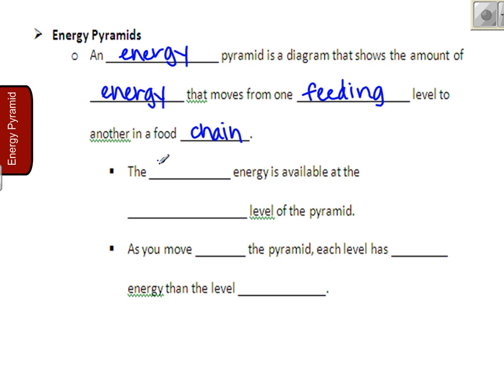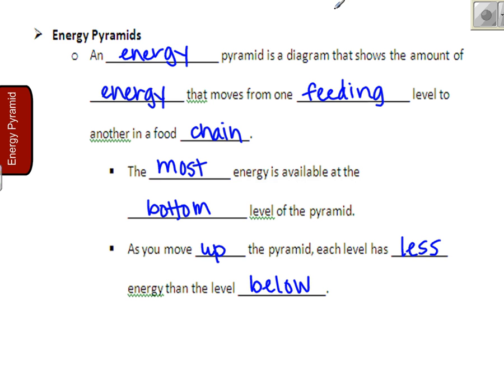Now, the most energy is going to be available at the bottom level of the pyramid. That would make sense because the bottom level of the pyramid is the biggest visually if you looked at a pyramid. And so when you think of something that's bigger, you usually think that it has the most. Okay, and as you move up the pyramid, each level has less energy than the level below.